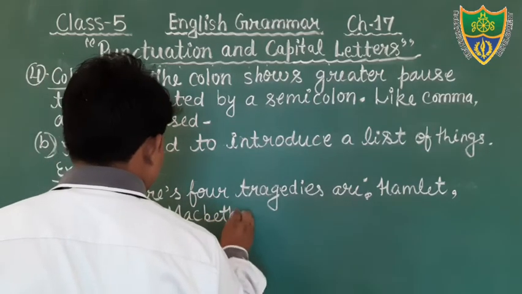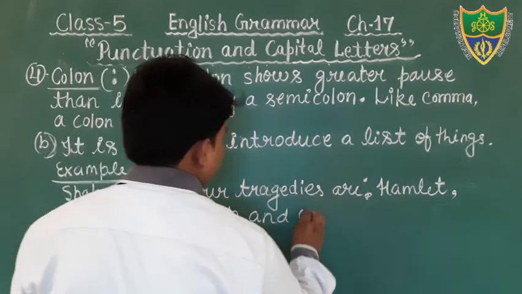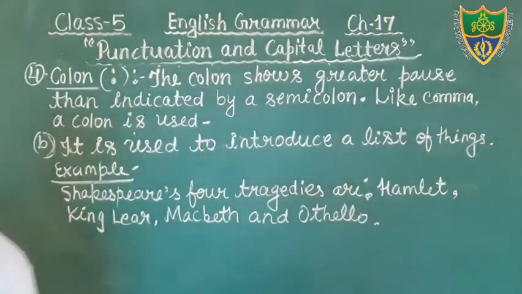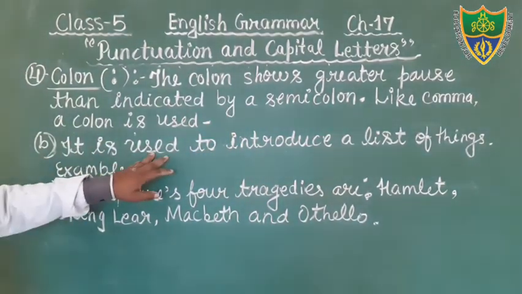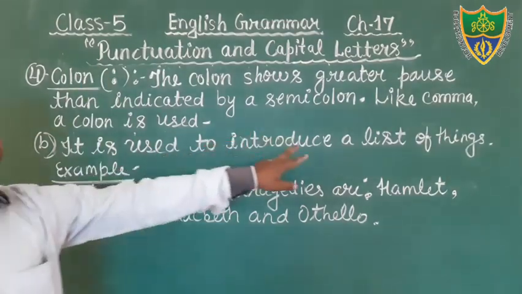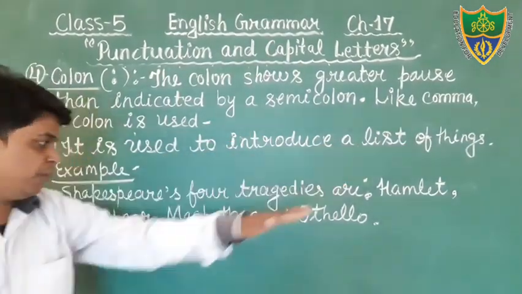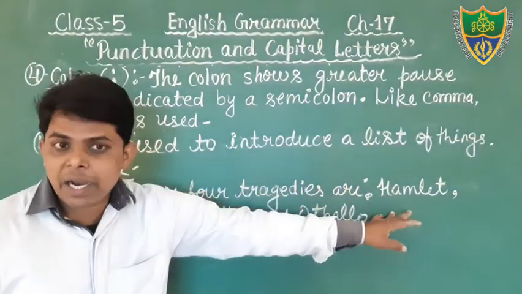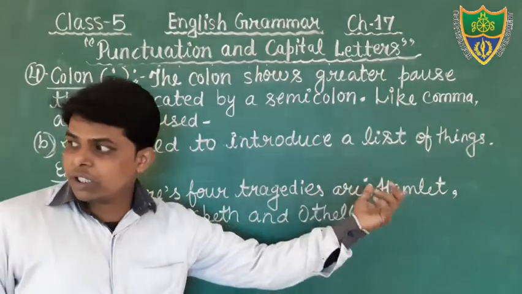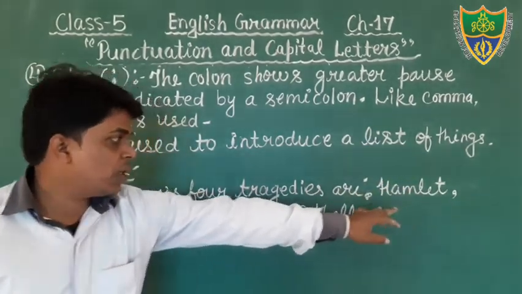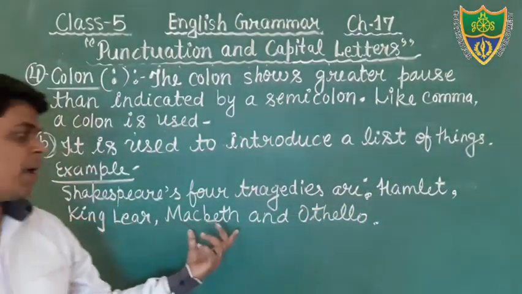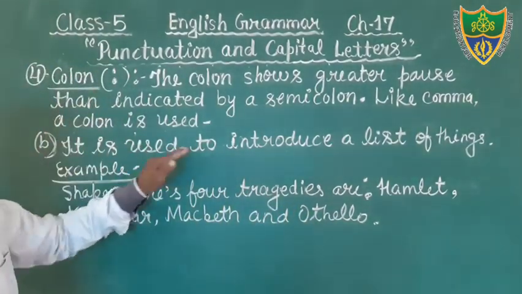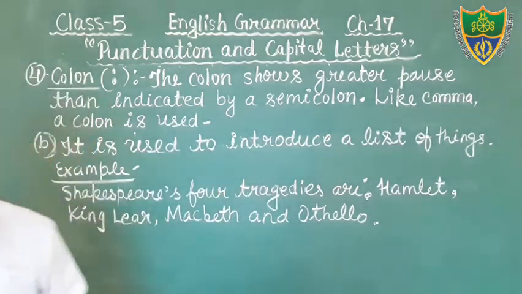Tragedy, you all know, is a form of drama. We are listing what the four tragedies are. Just see, students, colon is also used to indicate a list of things. Shakespeare's four tragedies are, we are listing some items, the tragedies, therefore we will use colon: Hamlet, King Lear, Macbeth and Othello. So we use colon to indicate a list of given things.